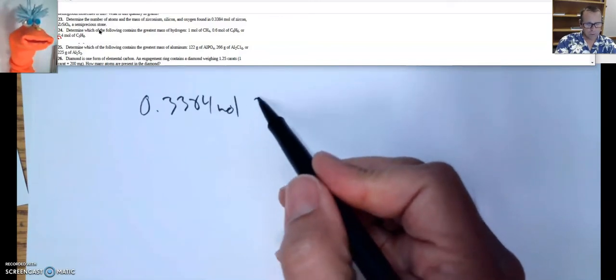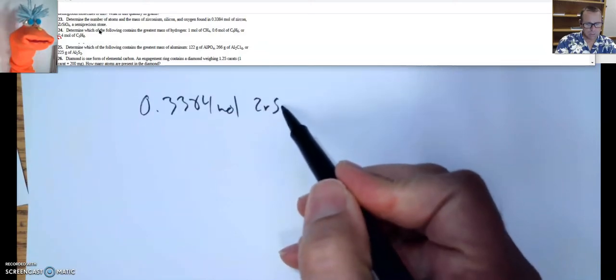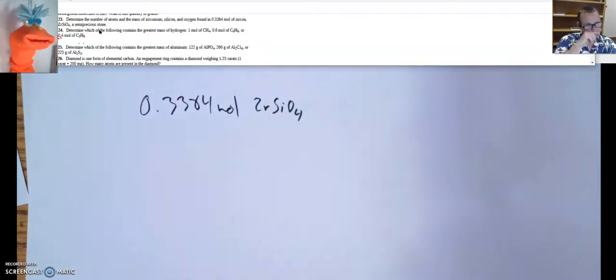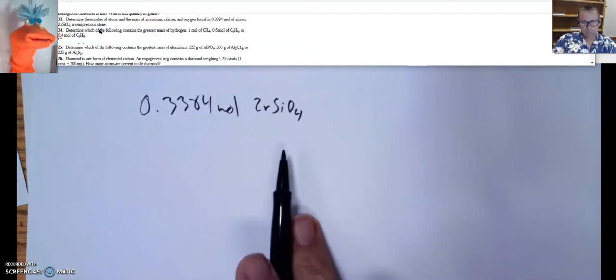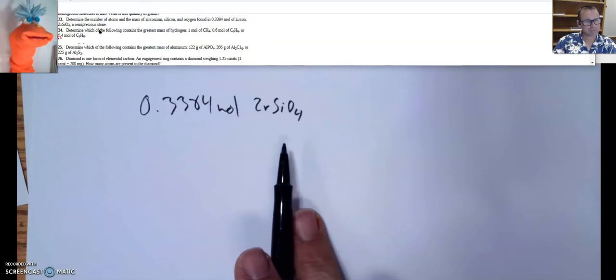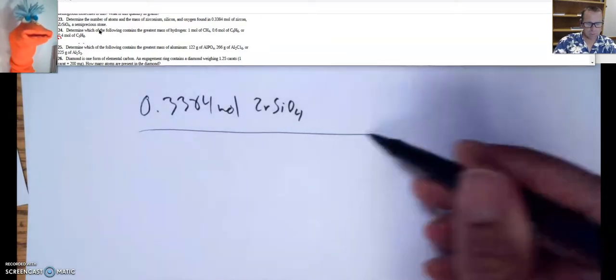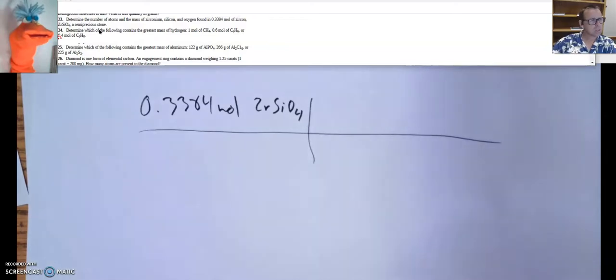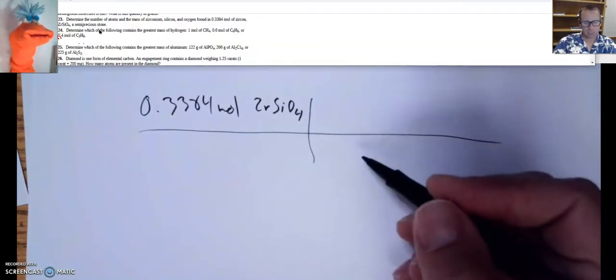Zirconium silicate, ZrSiO4. All right. So we have zirconium silicate here, and I'm going to determine the number of atoms and the mass found in that many moles. So if that many moles, I can determine the mass by getting the molar mass down here.